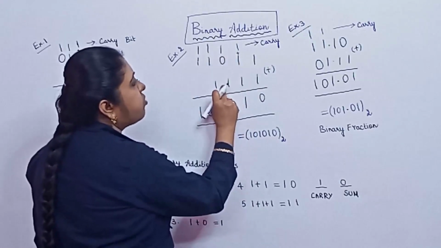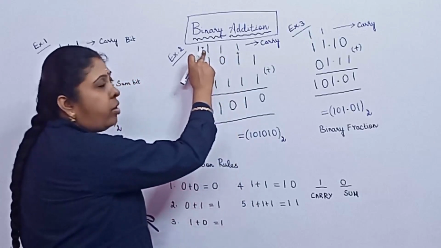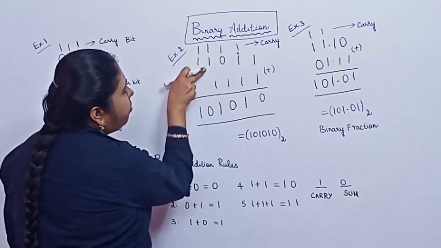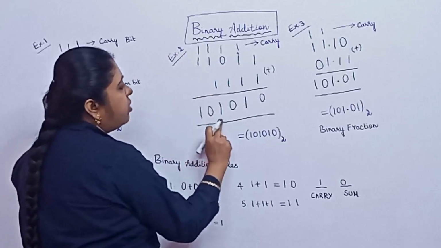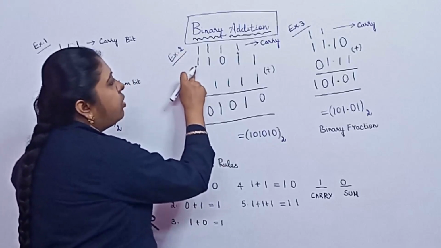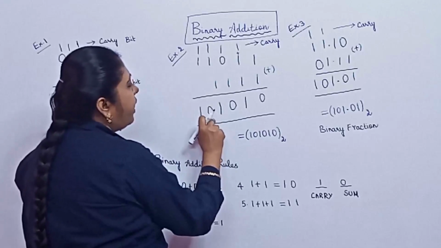So 1 plus 1 again is 2, so 0 and carry over 1. Now 1 plus 1 plus 1 is 3, which gives 1 1. So 1 is written here and the carry over here. 1 plus 1 represents 2, so 1 0, with 0 here.